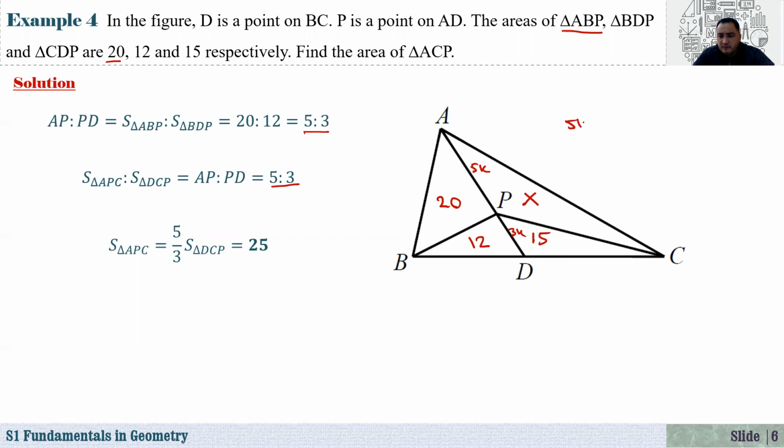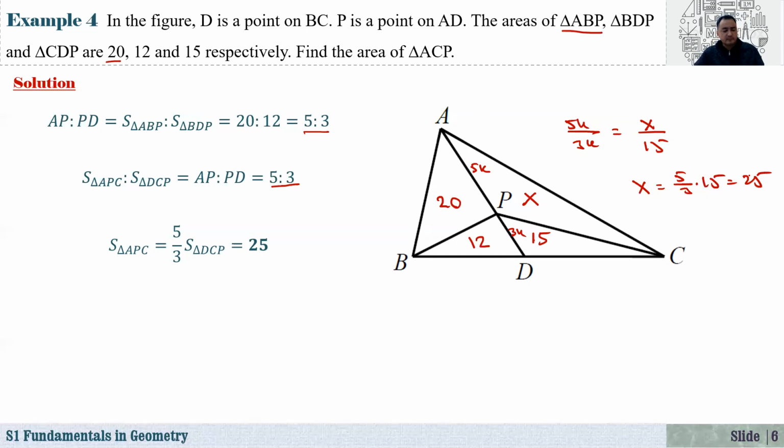Now 5K to 3K is equal to X over 15. So X equals 5 over 3 times 15, that's equal to 25.